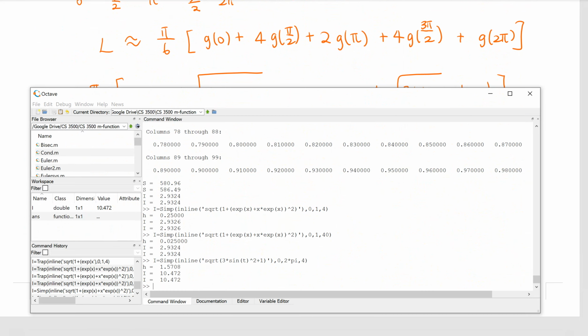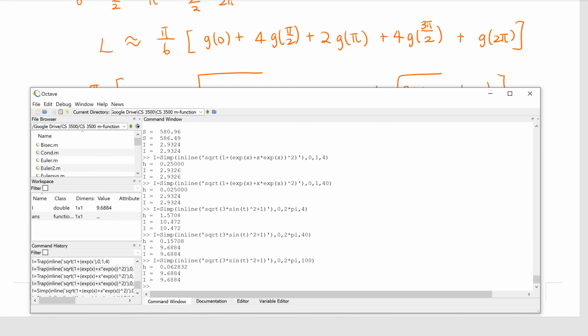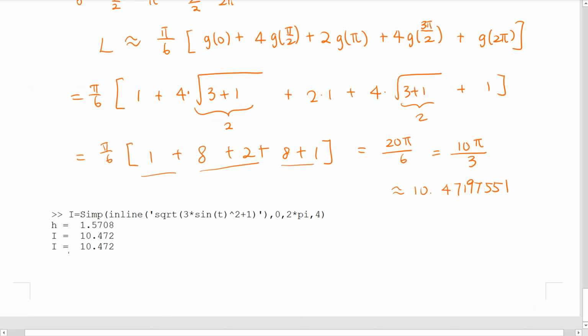And if we increase the number of subintervals, we'll get a more accurate answer. So around 9.68884. Let's increase it. Let's do 100 steps. Yes, so the answer is 9.6884. So far, so good, everybody?